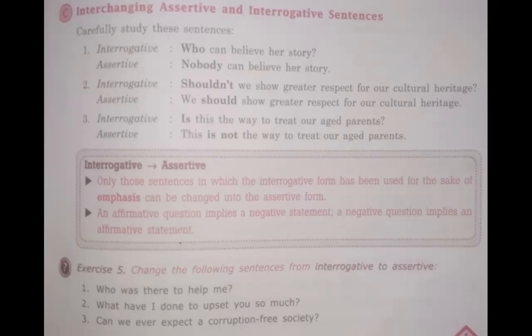So interrogative to assertive: only those sentences in which the interrogative form has been used for the sake of emphasis, where stress is given on the sentence, can be changed into the assertive form. Otherwise, we cannot change. We need to keep that in our mind, everyone.